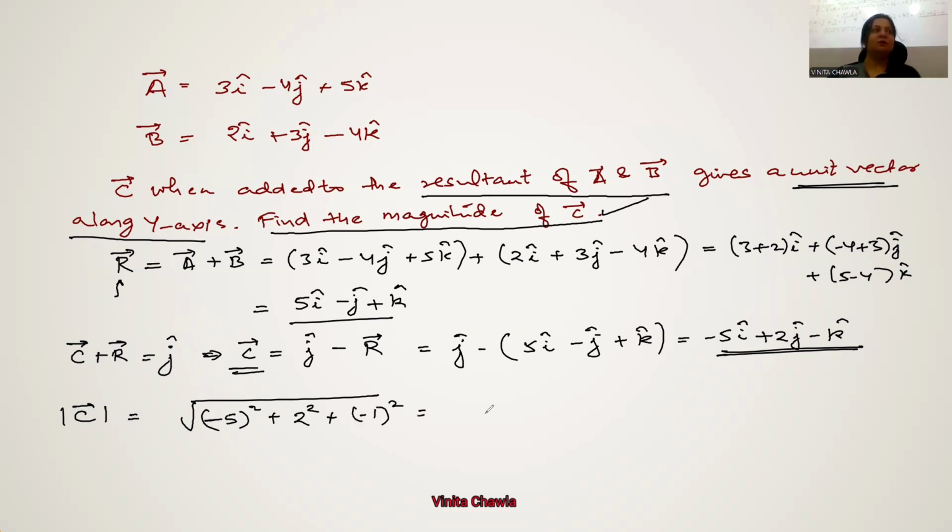Have you got the answer? It's 25 plus 4 plus 1, 29. No, sorry, my mistake. It's root 30.